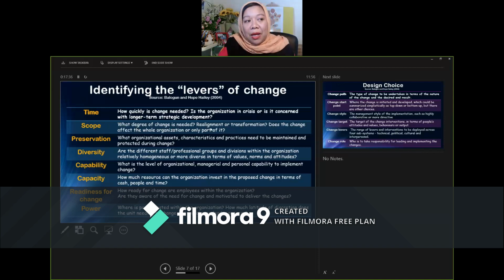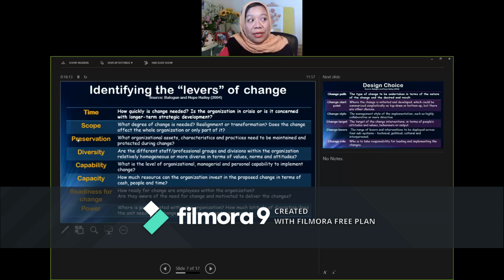Those are the contexts that affect organizations in a lot of decision making. And then preservation. That is about certain characteristics and practices that you need to maintain or protect during change. Sometimes if we really want to go for transformation, we start to sacrifice many aspects related to integrity, the good culture, the important culture of the organization. That is not really good for the organization in terms of strategic, long-term orientation.